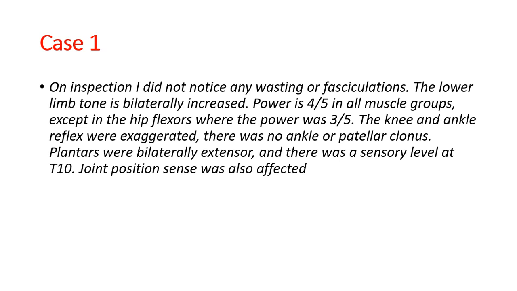It tells you that the lesion has to be above the highest nerve root that supplies the lower limb. So if you have upper motor neuron signs in the bilateral lower limb, the lesion has to be above the highest nerve root that supplies the lower limbs.